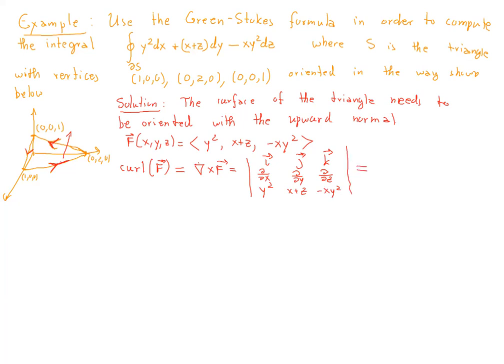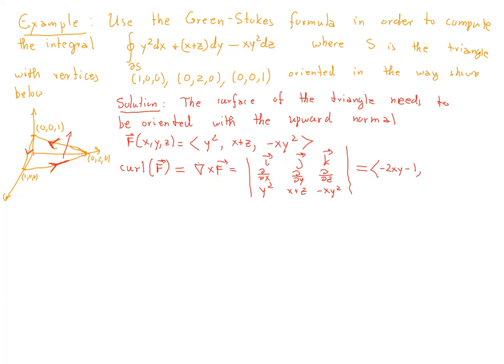So now delete the first row, delete the first column. What will you get on the first component? So you will have minus 2xy minus 1. And on the second component, you will have minus y squared.